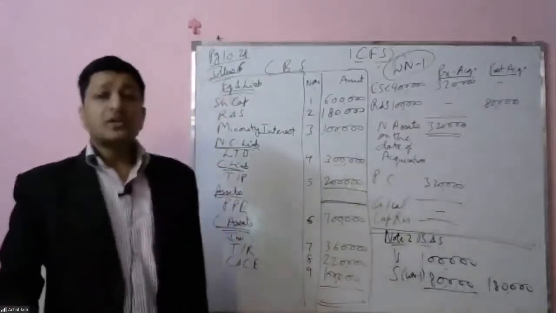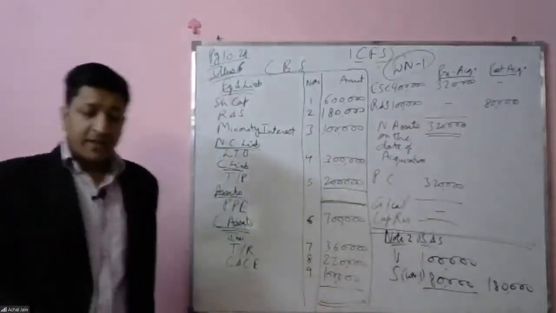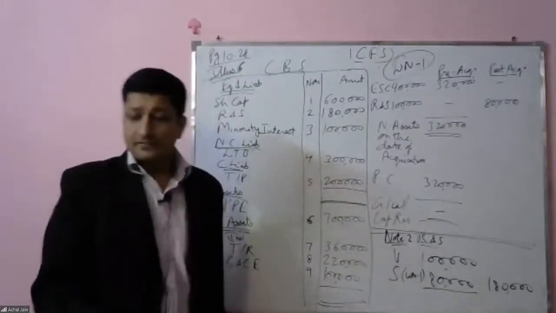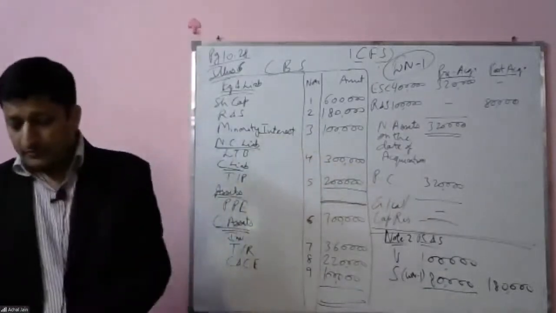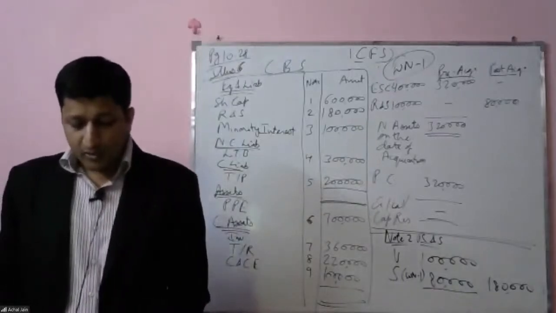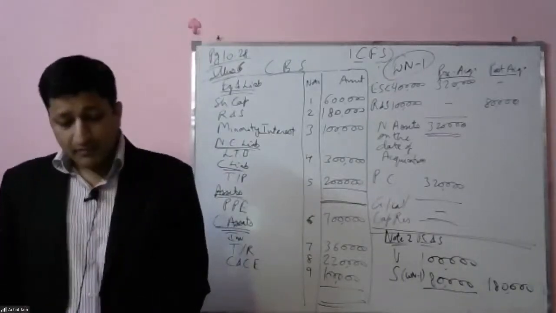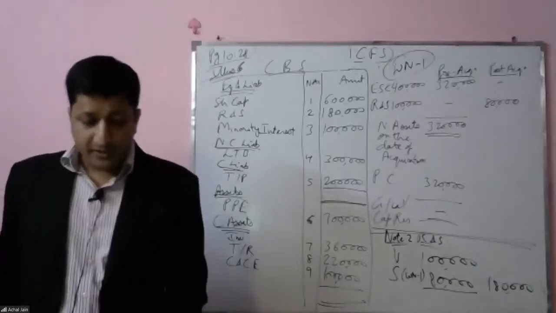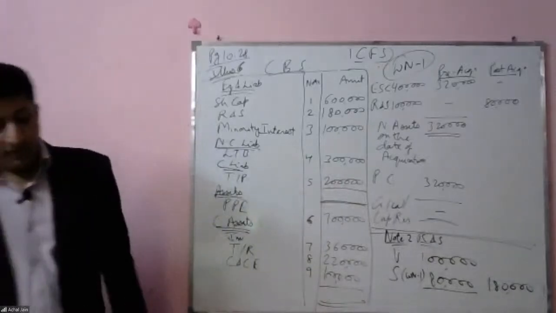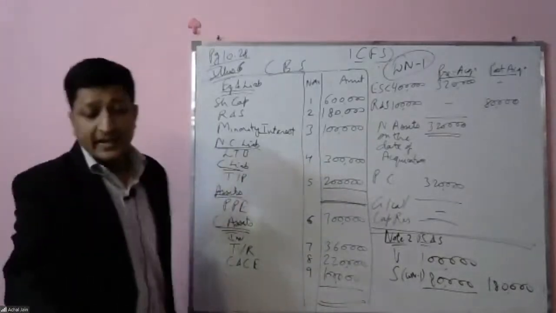When you compute the totals, you start praying that the balance sheet should match, isn't it? Does it happen to all of you? This is a very crucial moment in the exam. You just keep praying that, oh God, my balance sheet should tally.